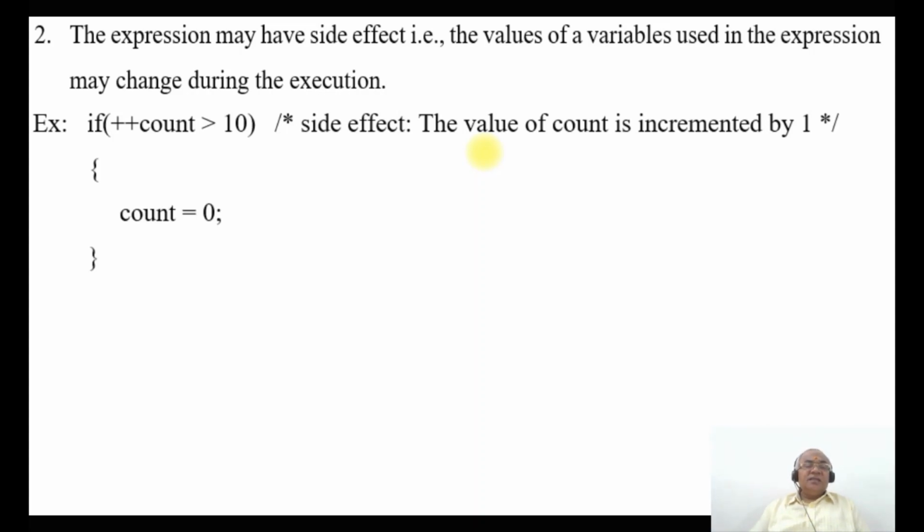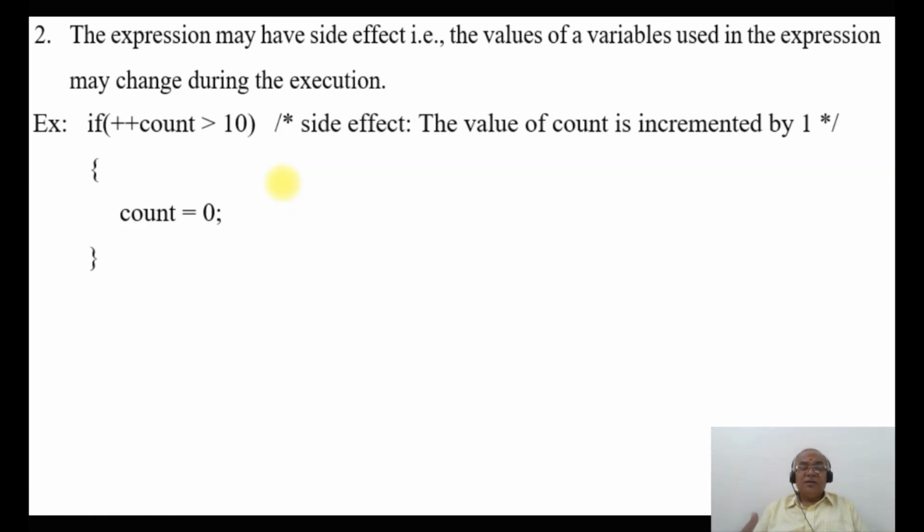In this condition, since we want to count, initially the count has to be 0, and only then it starts counting. So if count is equal to 0, then with count++, count becomes 0 plus 1, so you have the count as 1. Is 1 greater than 10? No, so the count keeps incrementing like that.